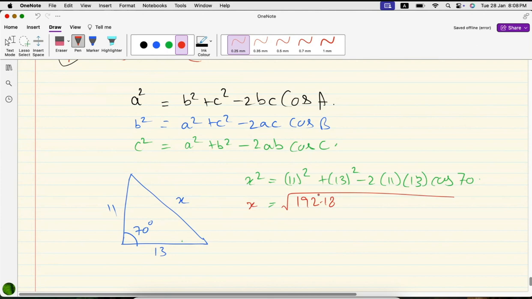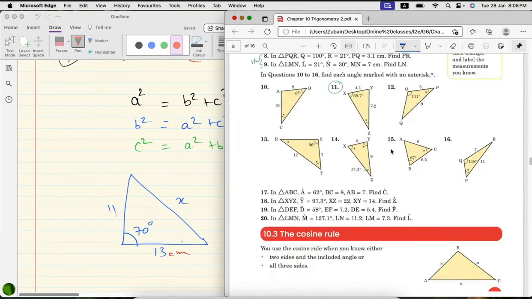Square root of the answer is 13.86. I'm writing 13.9. Let's say this was centimeters. So this is how we will apply cosine rule.